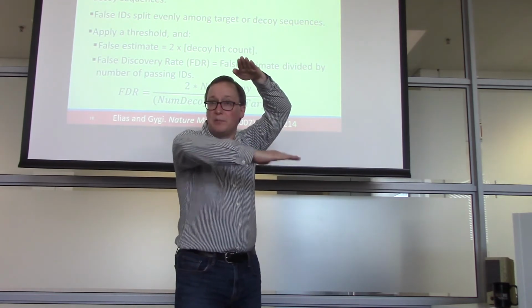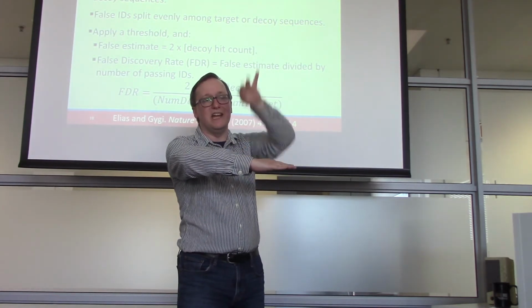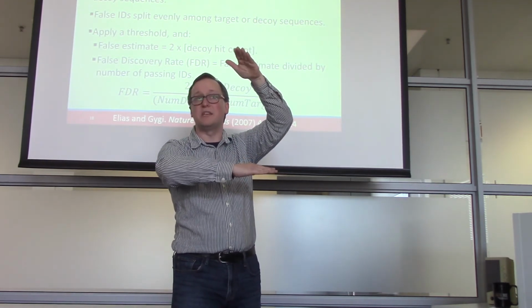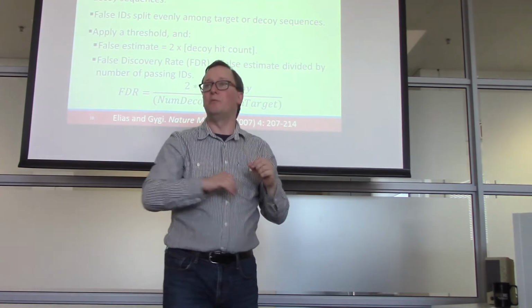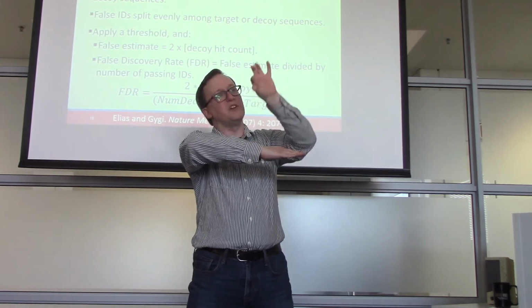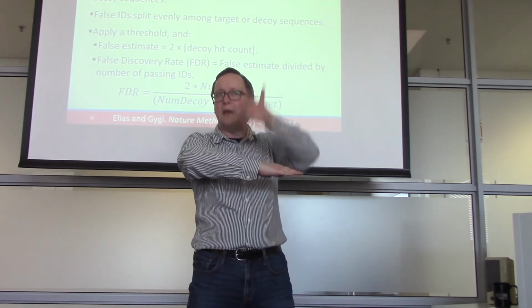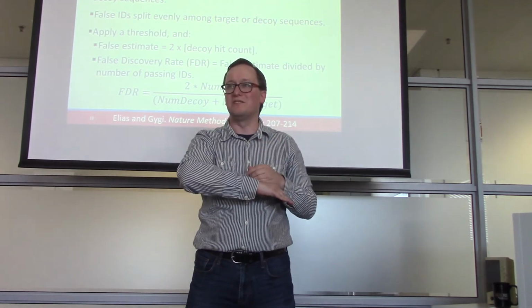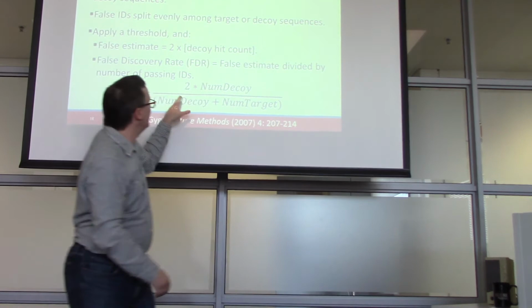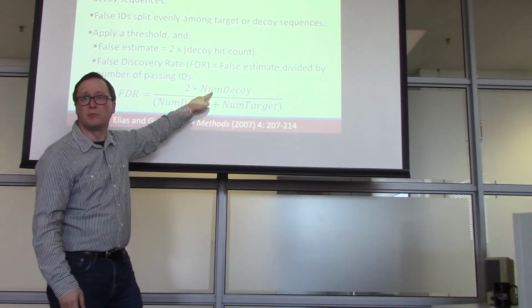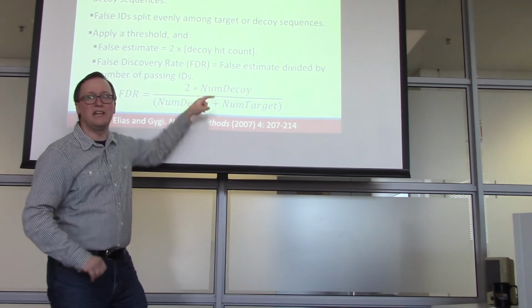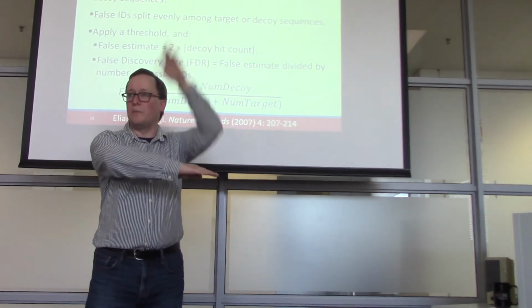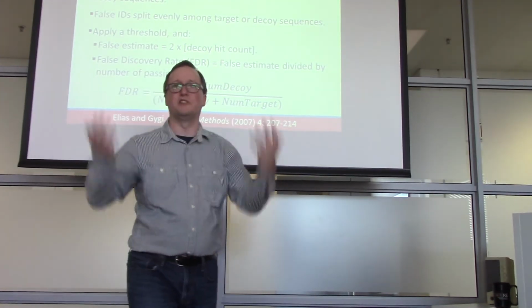So when I look at a particular threshold on this list, the IDs that are above it, some of them are going to be from real sequences, and some of them are going to be from bogus sequences. So my assumption is this: for every obviously bogus PSM above this line, there's another one hiding among the possibly true sequences. So when I look at a particular threshold, I can double the number of decoys that are above my threshold and say that's the number of false entries on my list, and divide by the total number that are above my threshold.